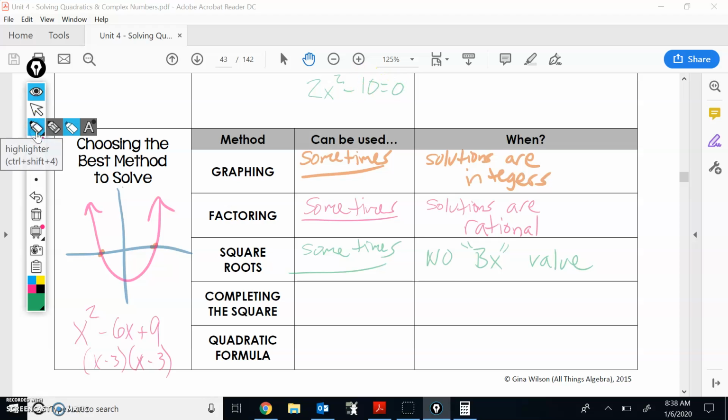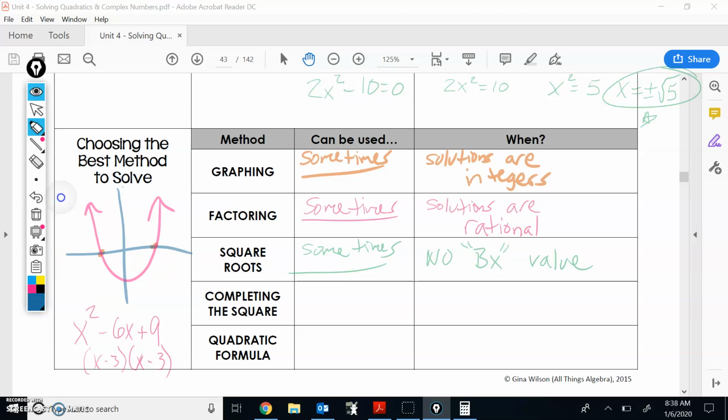What you're going to do to both sides, since there's no x term, is add 10. So we're left with 2x squared equals 10. Divide by 2. And then take the square root of both sides. So we get x equals plus minus square root of 5. That's the square root method. When there's no x term, you can just solve for x using a normal equation method, and don't forget the plus minus when you take the square root.